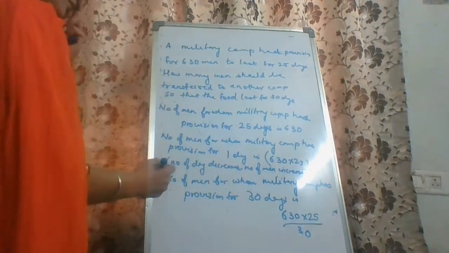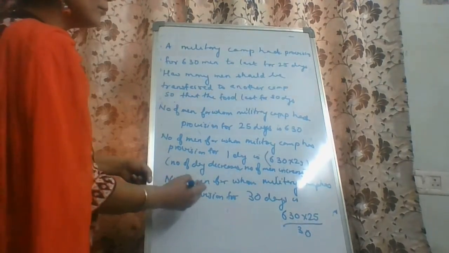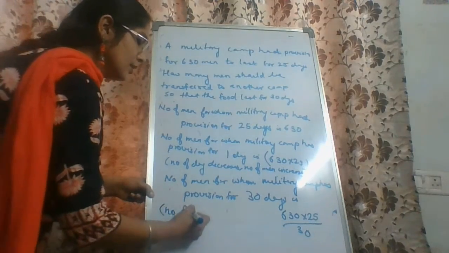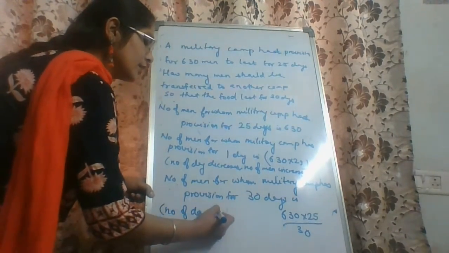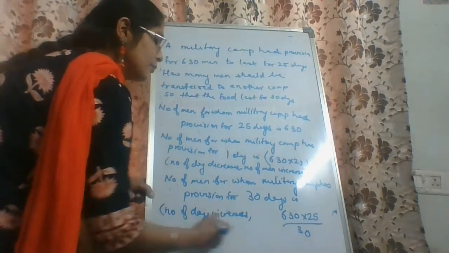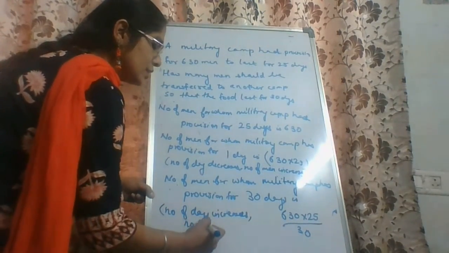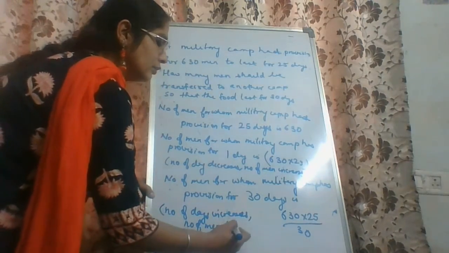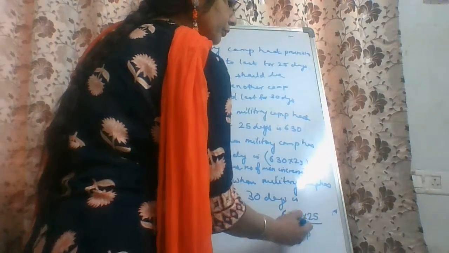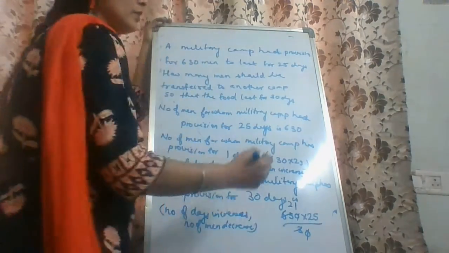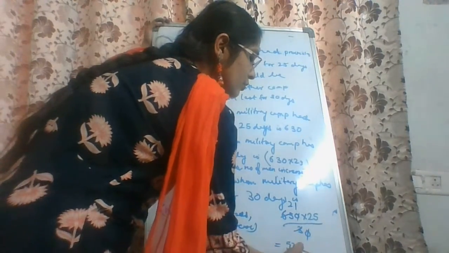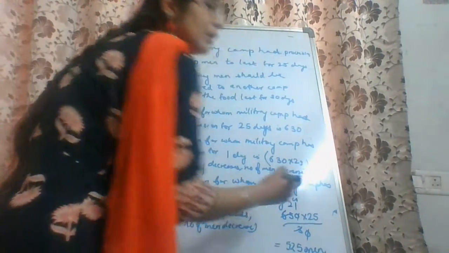Here you can write number of days increase, number of men decrease. This is equal to 21 multiplied by 25, which is 525 men.